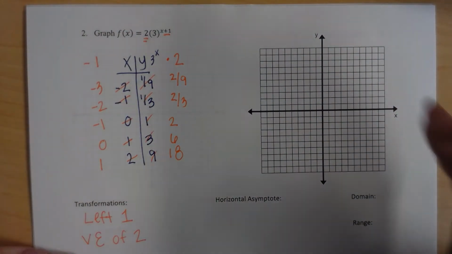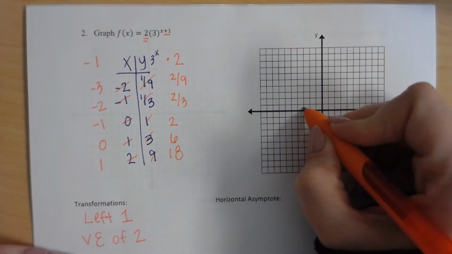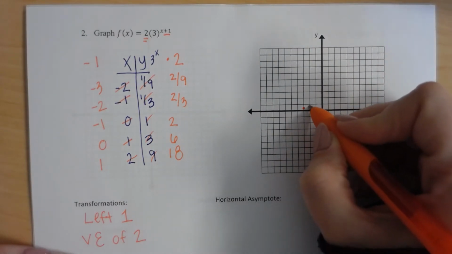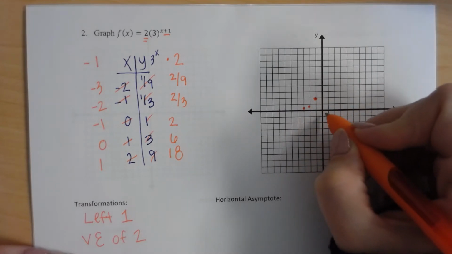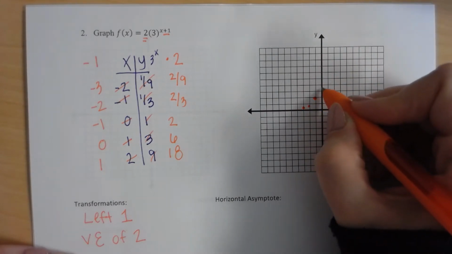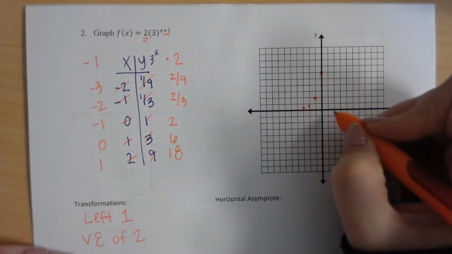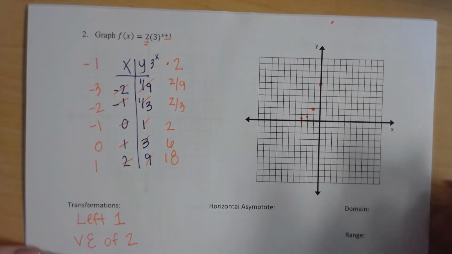So now when we graph, we're at -3, 2/9, -2, 2/3, -1, 2, 0, 6, and then 1 is all the way up here at 18, which we can't really graph, right?